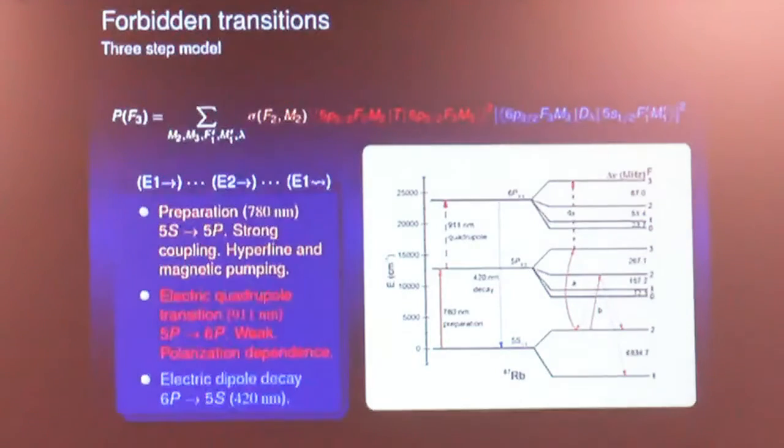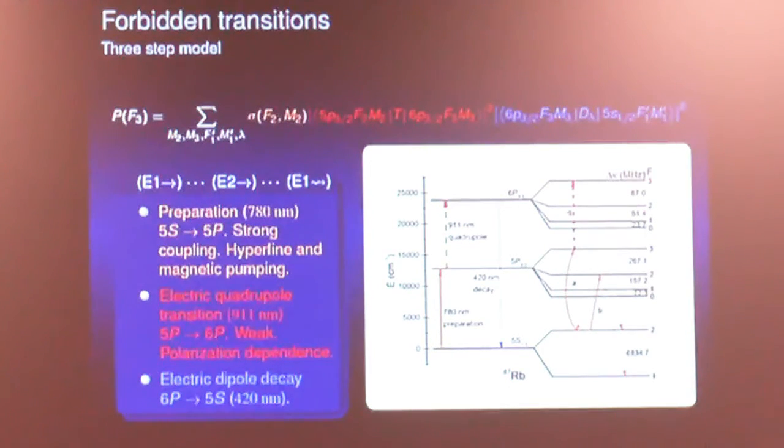So we also have a model. We had to propose a model because we couldn't understand what was going on. Essentially what we are doing is three steps, in the sense that the preparation laser is so strong and the transition is so strong that essentially the electric quadrupole only probes what this transition does to the atoms, in a sense that we have to include hyperfine and magnetic pumping effects here.